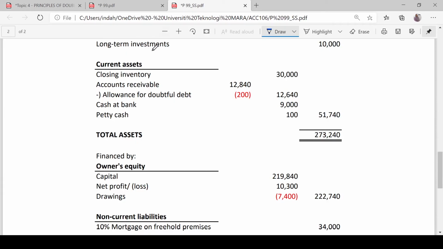So how do we show the current asset? Usually we start from the closing inventory. We start from the least liquid, meaning the current asset items which are the most difficult and take the longest to convert into cash. So closing inventory, followed by account receivable.